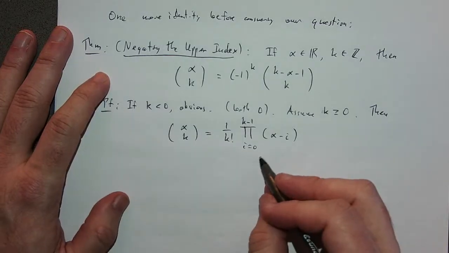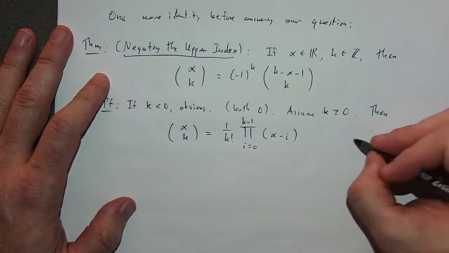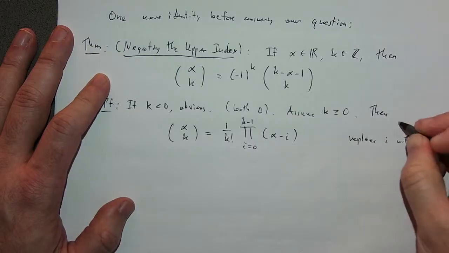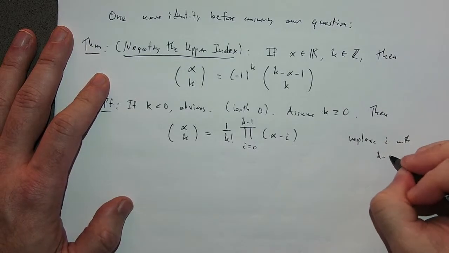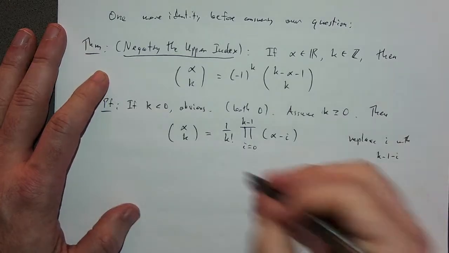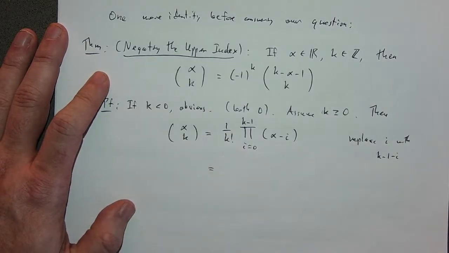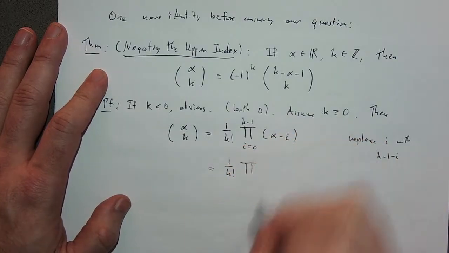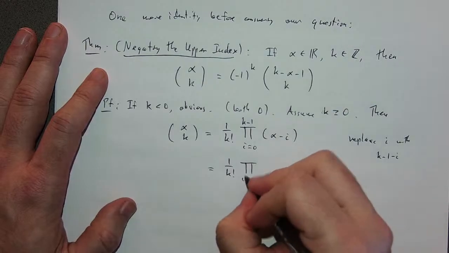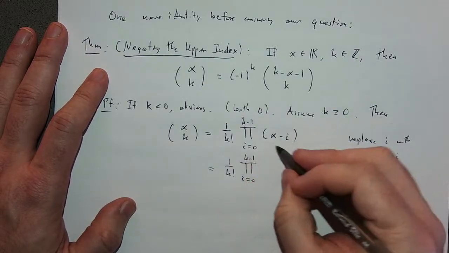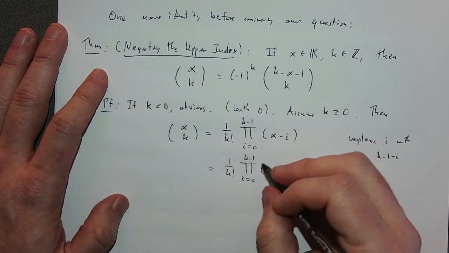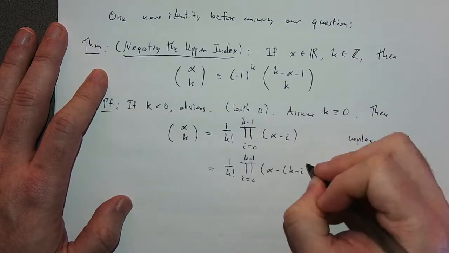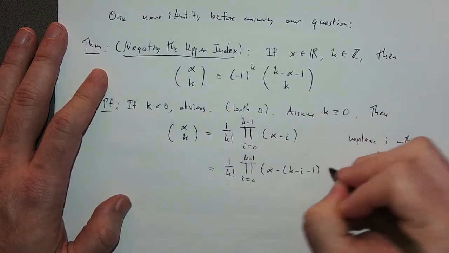Reindexing this product, replacing each I with k minus 1 minus I, we get that this is 1 over k factorial times the product from I equals 0 to k minus 1 of alpha minus k plus I plus 1.